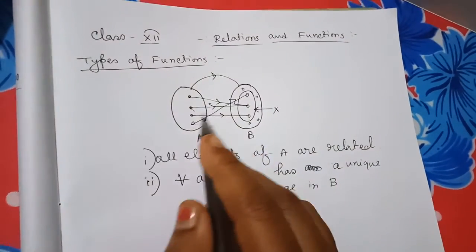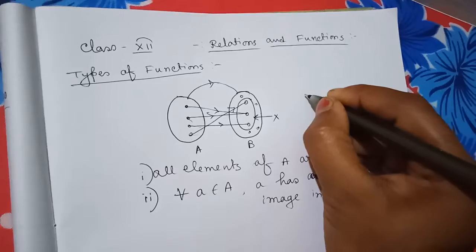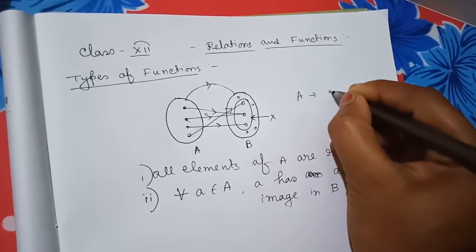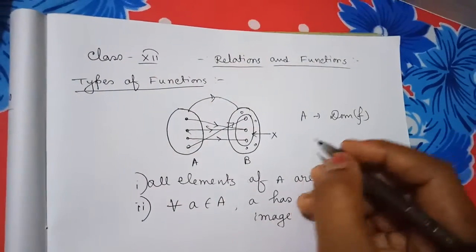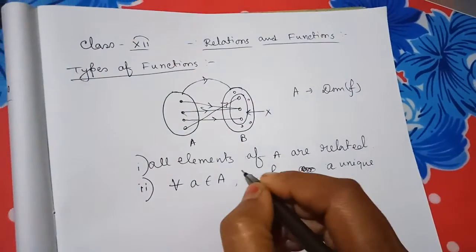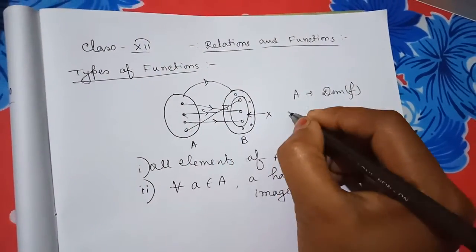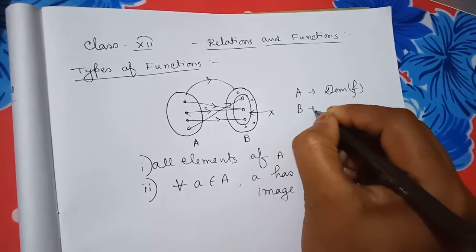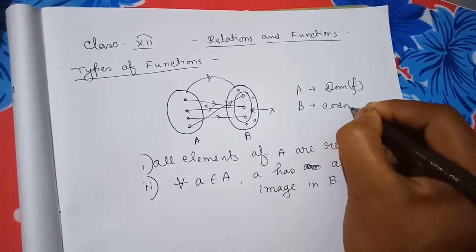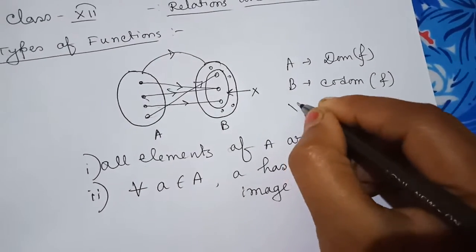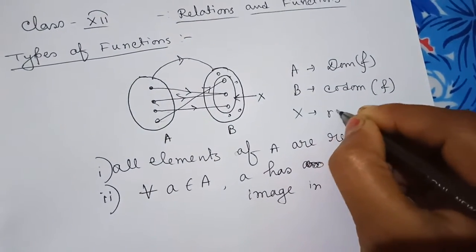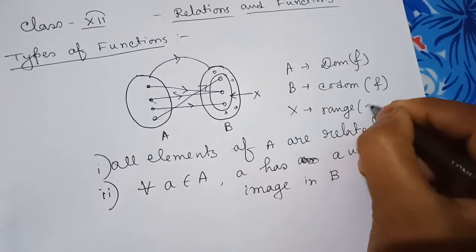Now from this, set A is the domain of the function. Then set B is the codomain of the function, and set X is the range of the function.